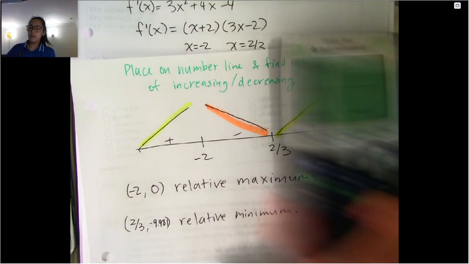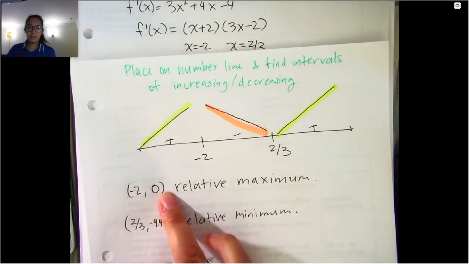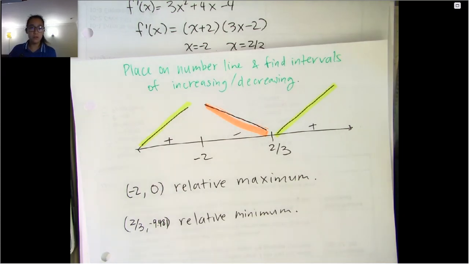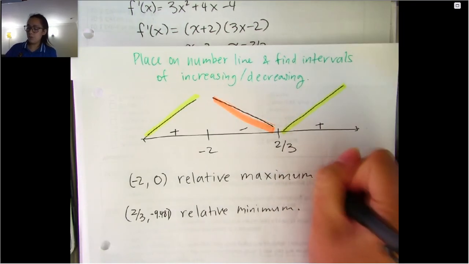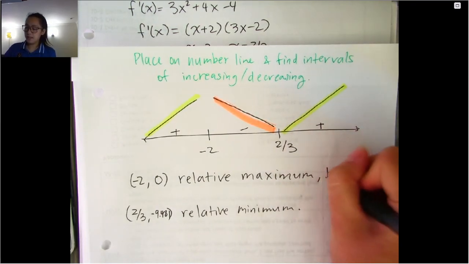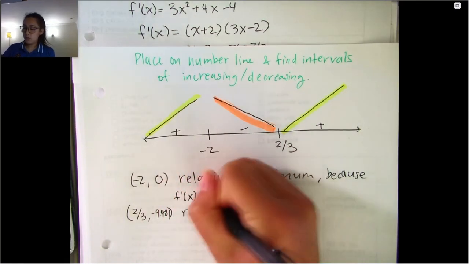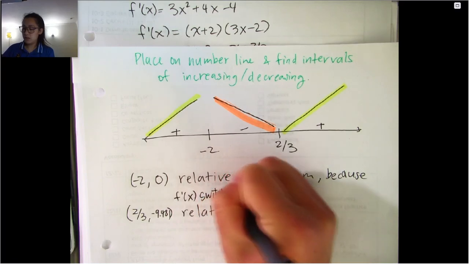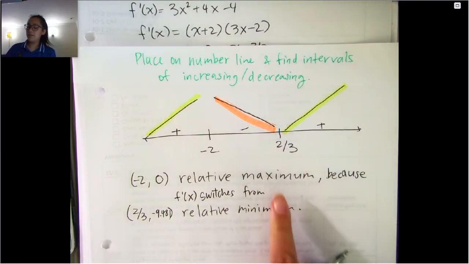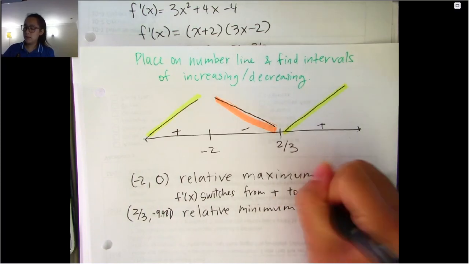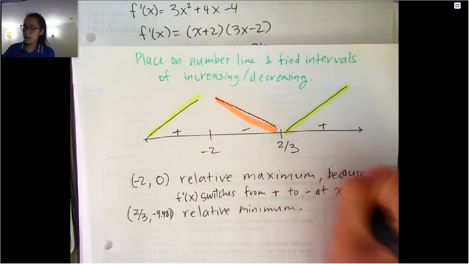So at this point, there's a relative maximum, and our justification, since we're in calculus, you have to use the derivative. Our relative maximum is because f prime of x switches from positive to negative at x equals -2.